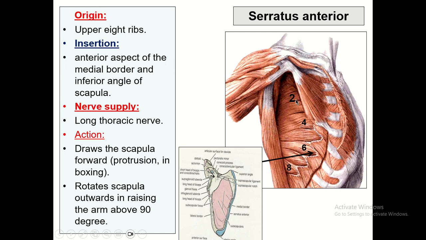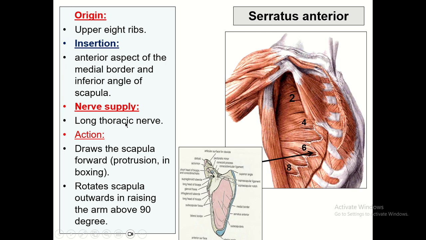If you remember, when we were describing the scapula, you can see this is your scapula. This is your lateral border, this is your medial border. This blue area is where your serratus anterior attaches, your medial border and your inferior angle. And remember, the nerve that supplies the serratus anterior is the long thoracic nerve.